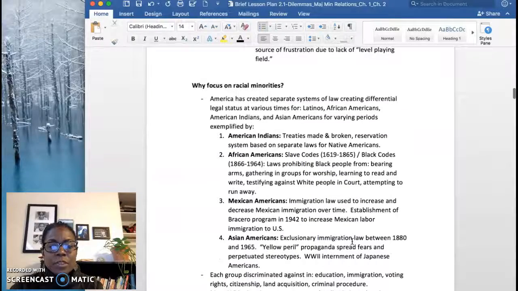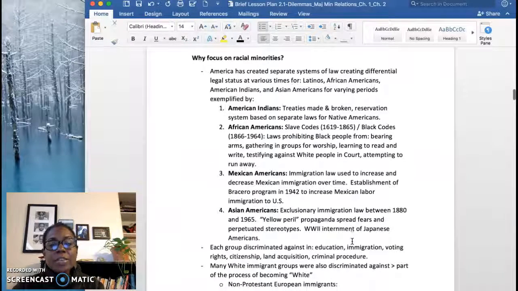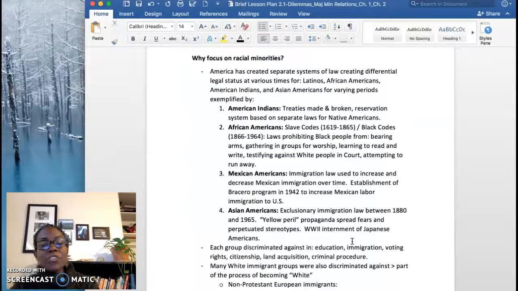So there's a very good reason why the textbook specifically talks about how minority groups might get along through coalition or fight it out through conflict. It's because there are specific points in history where the American government has created policies that make individuals from these groups be considered separate and treated differently.